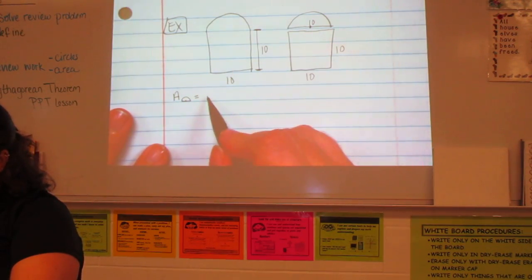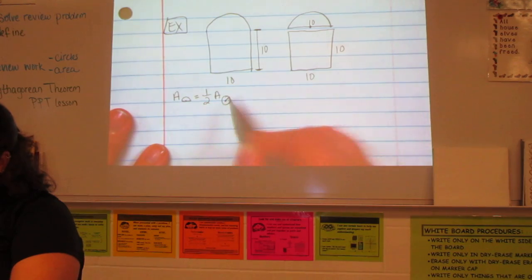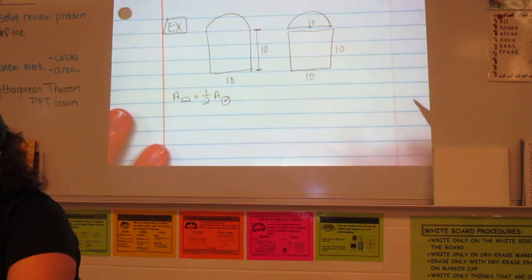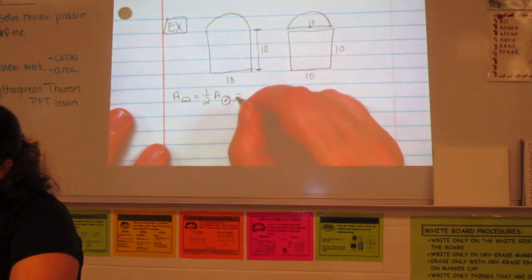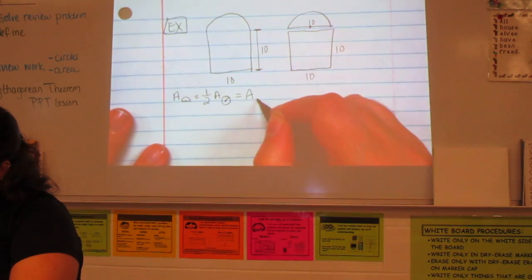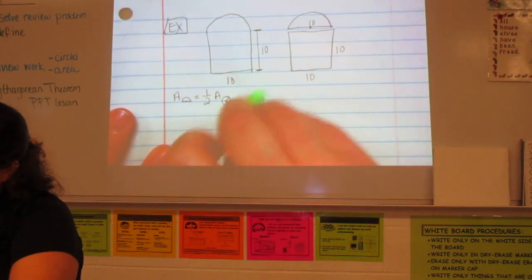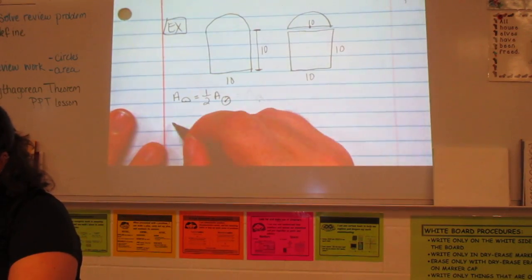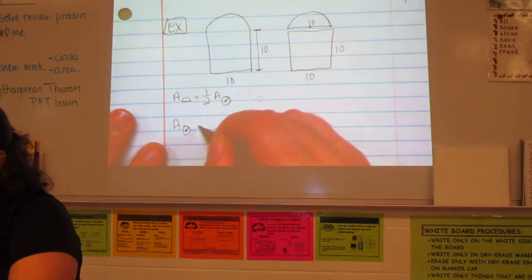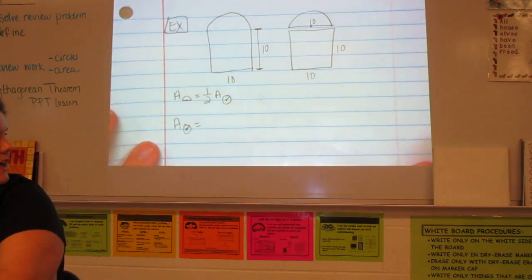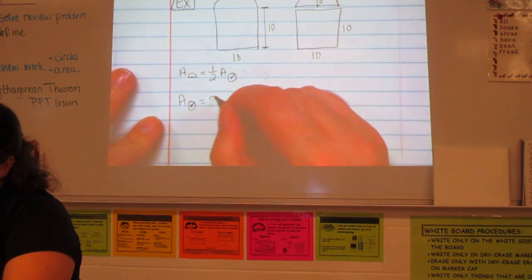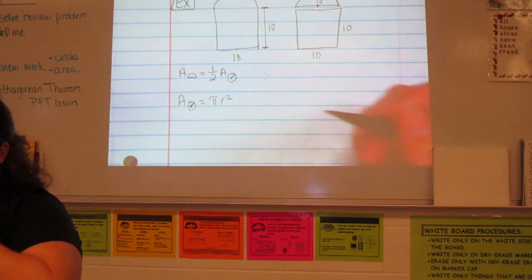But to find the area of my semicircle, I need half of the area of a full circle, because semi means half. Well, the area of a full circle, as you know from the last review, is pi times the radius squared.